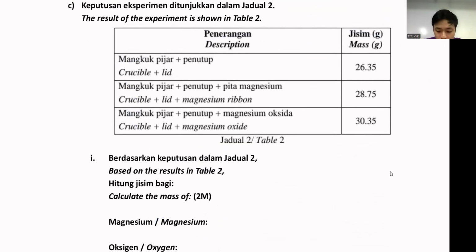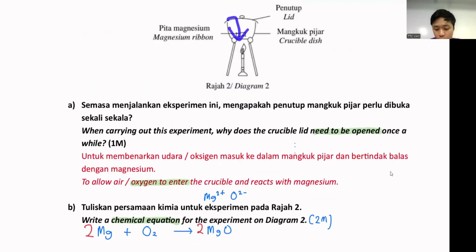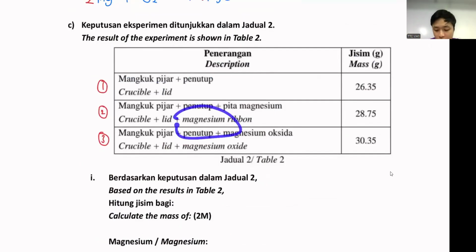You have to measure the mass 3 times during the experiment. Before you put magnesium into the crucible, you measure the empty crucible with its lid first. Then after you put magnesium into the crucible, before burning, you measure again. After burning, when it becomes MgO, you also measure again.